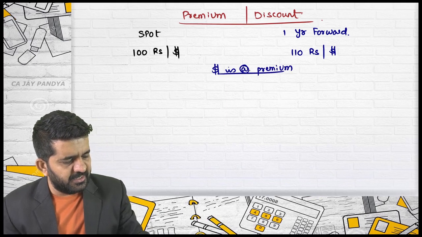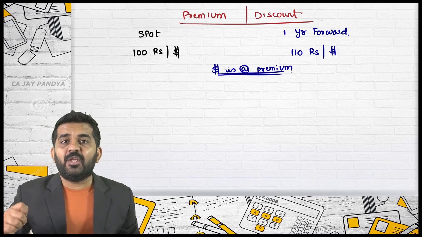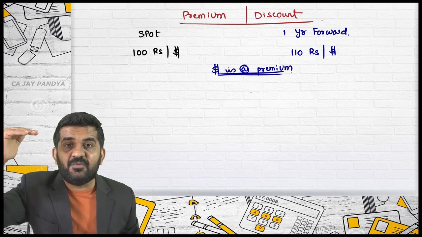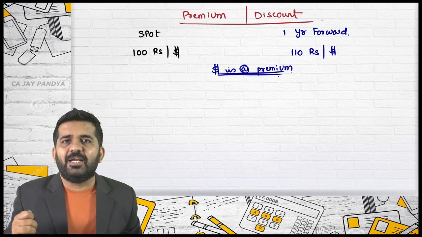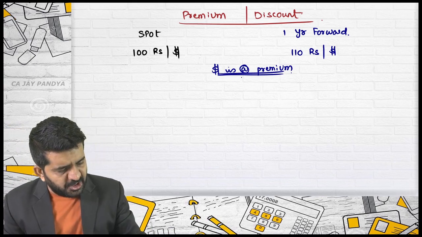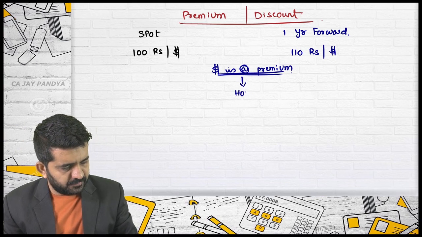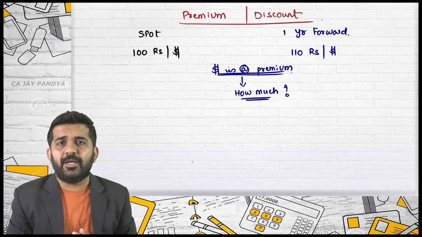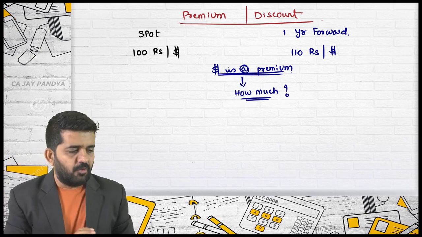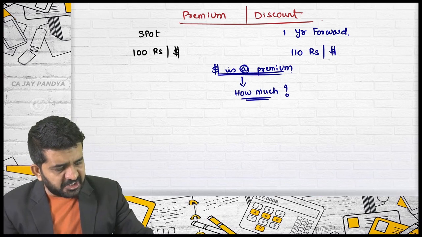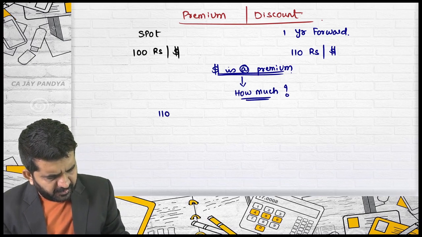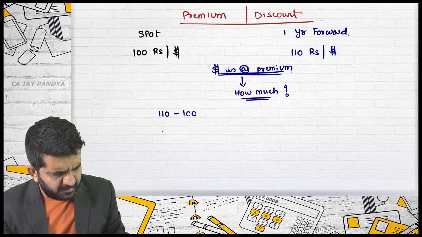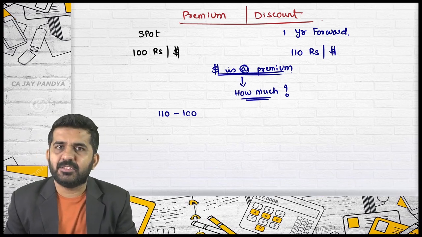Now we have learned this. If the value of the asset is increased in forward market, then ultimately it is at premium. The question is how much? Alright. How much can be found out from this? How much it has increased? 110 minus 100. Is it alright?